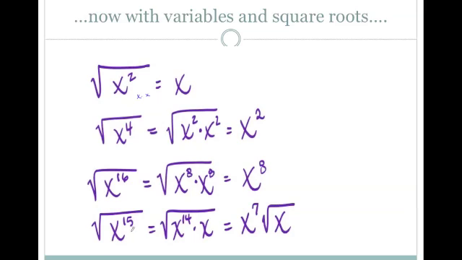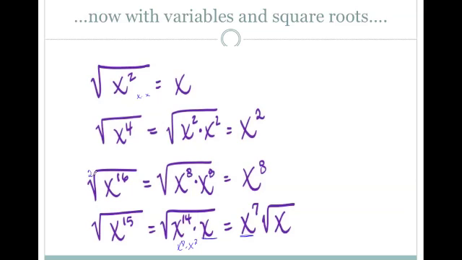X to the 15th, well, x to the 14th I could find because that would be x to the 7th. X to the 7th times x to the 7th gives me x to the 14th. So the square root of x to the 7th squared is x to the 7th. Square root x is left. Now you may be noticing here that my root is 2.